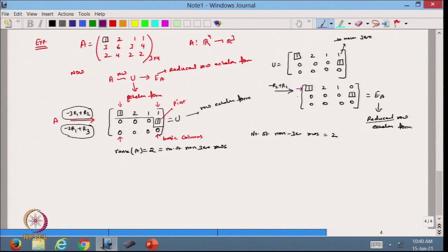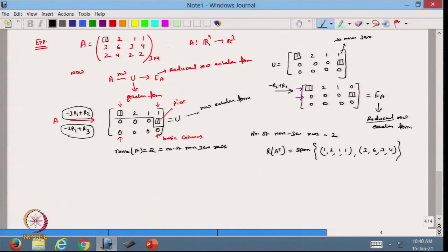So, from here I can say that the range space of A transpose is spanned by the non-zero rows. So, it is 1 2 1 1, this one, the first row, and the second row 3 6 3 4, this one.